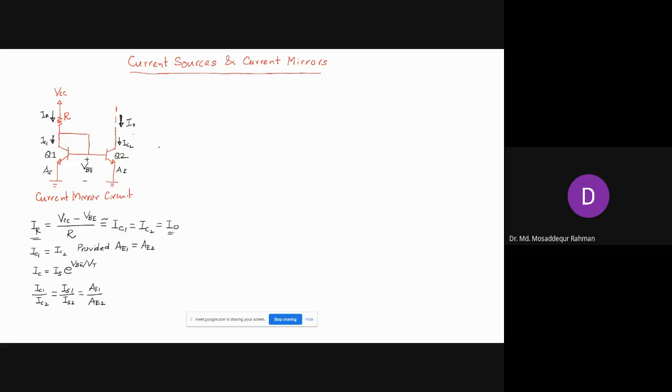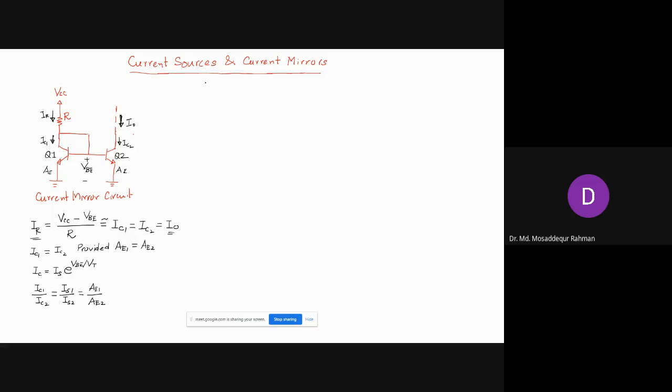And now we said that if you want a different amount of current, then you just change the cross-sectional area. If you want a larger current, take a transistor with a larger cross-sectional area. A smaller current, take a transistor with a smaller cross-sectional area.